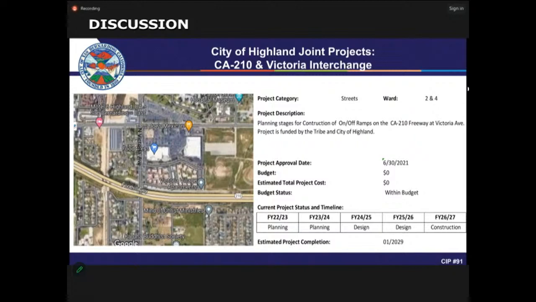It's the tribe and the City of Highland paying the tab on this one. I'm just helping by reviewing the oversight and the impacts within the city. We're reviewing the alternative ramp design at this location. They provided to us multiple alternatives. We're happy to share them with you at a later stage to see how these ramps will incorporate within the city boundaries. But this is basically the project overall.